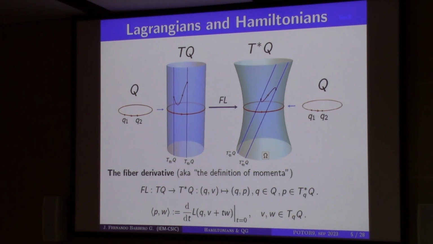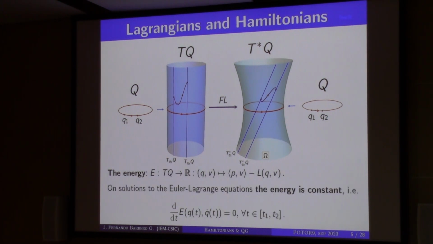This will be a covector, so it's a dual object, so you have to tell me how it acts on vectors, and this is how it works. It depends on the Lagrangian: you just compute this derivative with respect to this parameter at t equal to 0, and it gives you the definition of these objects.